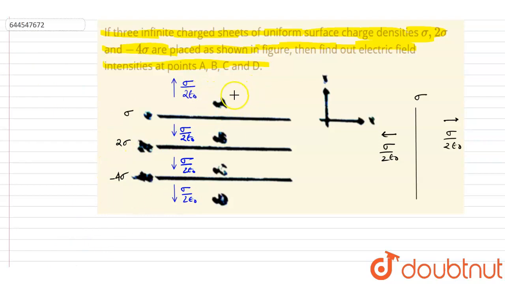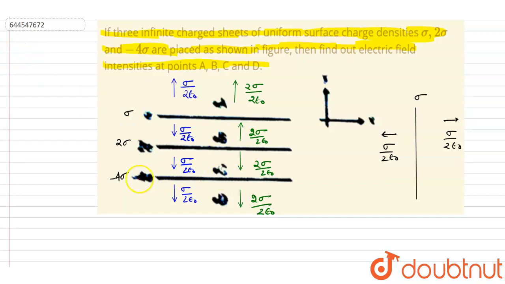So it will be again directed away, so it will be 2 sigma by 2 epsilon naught, right?